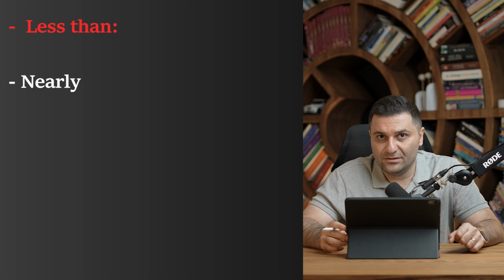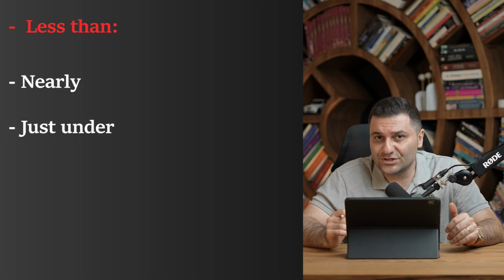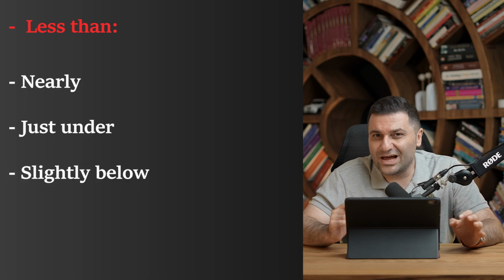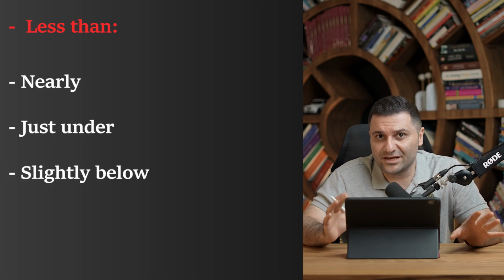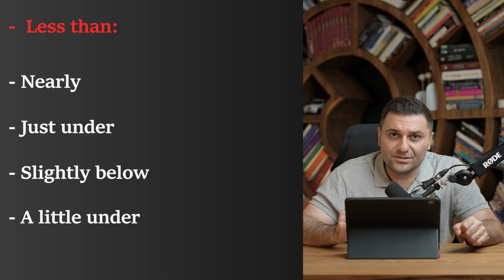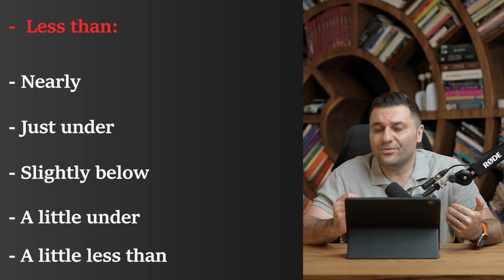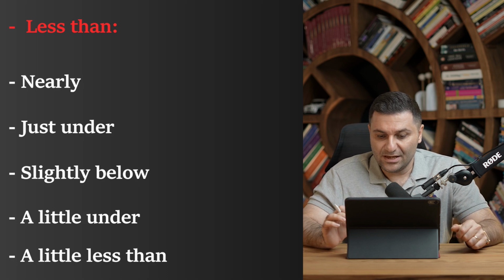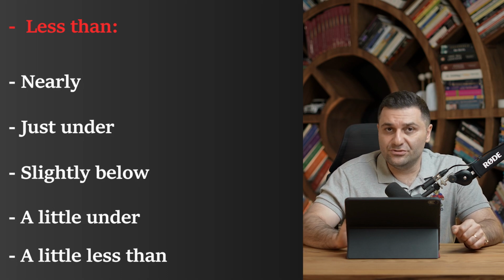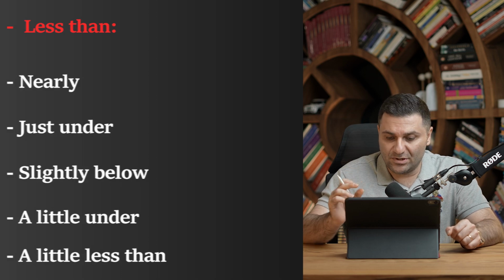Nearly, just under, slightly below, for example, slightly below 40, a little under, or a little less than. So these 5 adverbs are used when you want to talk about less than an exact number.